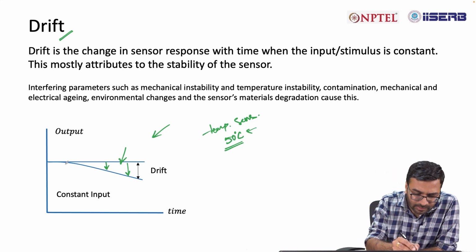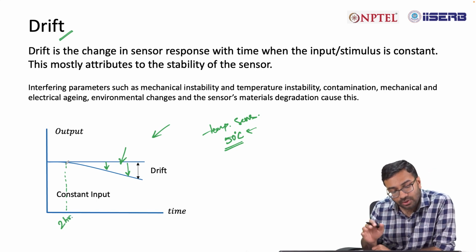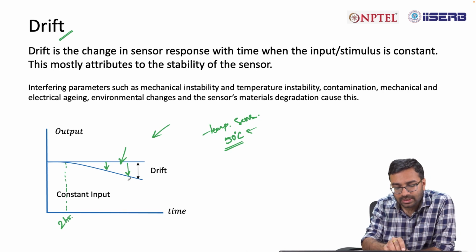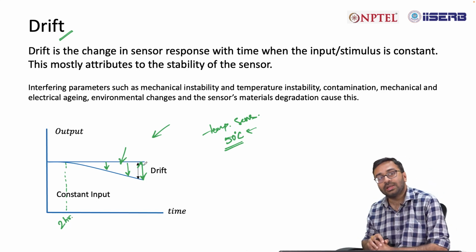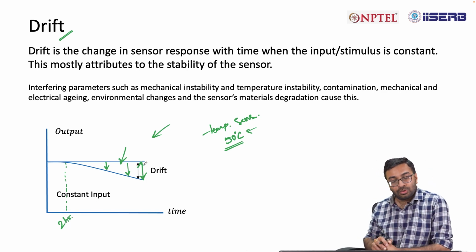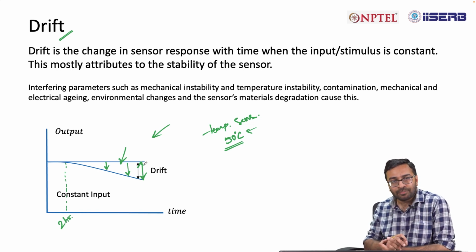Say till 2 hours, the sensor response was more or less constant. After 2 hours, the response started decreasing. Then this decrease, or the difference, is known as drift. So, from the discussion itself, it is very clear drift is not something which is desirable.